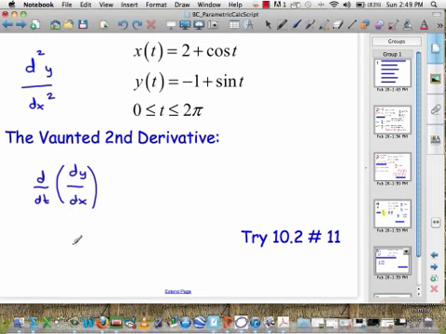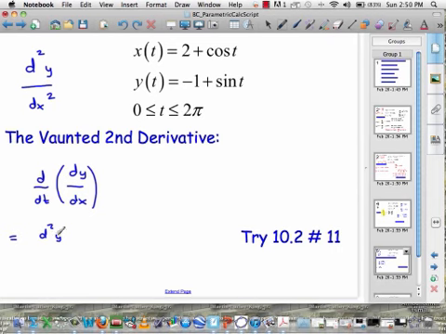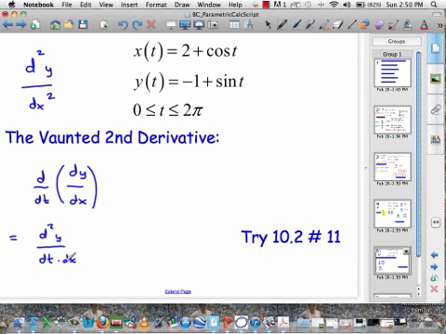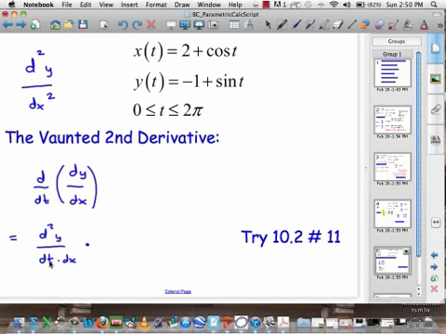That would give us d squared y, which is what we want on the top. But now in the denominator you have dt times dx, which is not what we want. We want dx times dx, dx squared. So there's a calculation we can do to get us d squared y dx squared. You want to cancel this dt and get another dx in the bottom.